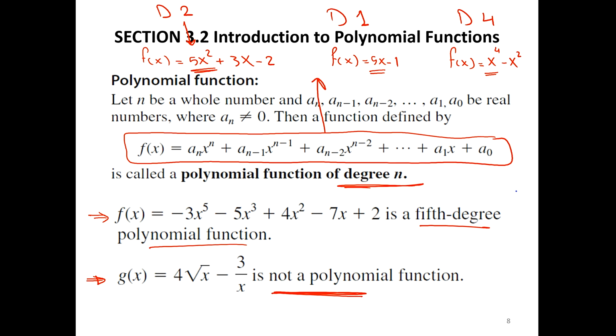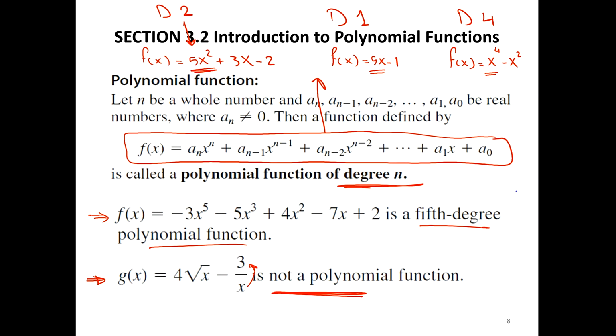Why not? Because we have x in the denominator. When we raise this x up, we have x to the power negative 1. This is not a positive integer. The exponent must be a positive integer.